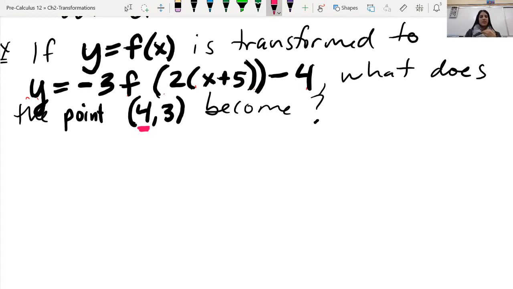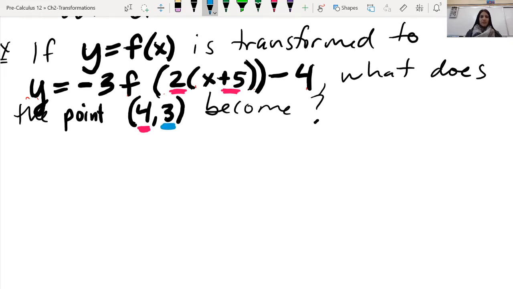Starting with the x value, or the 4, in my equation I want to pick out the stuff that affects my x value. That would be this 2 here and this plus 5 here. Nothing else in there is affecting the x value. So I think that's a nice starting point, to get some clarity by color coding them.